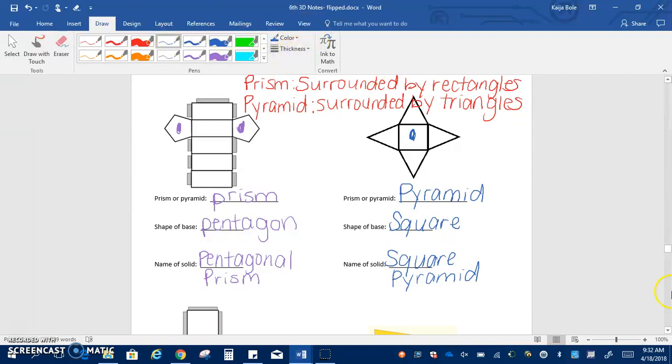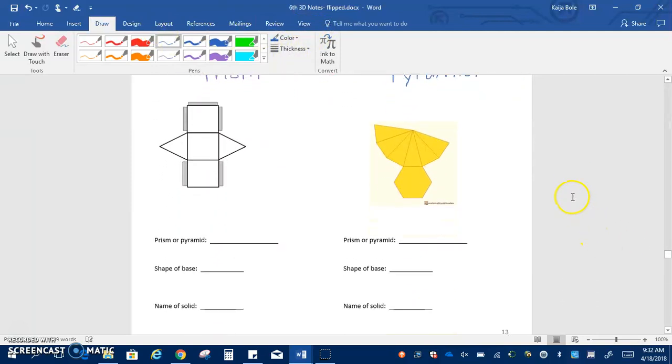Okay. And then we're going to do these last 2 down here. So is this surrounded by, we're asking rectangles or triangles. This is surrounded by rectangles. So this would be a prism. Our bases are these 2 over here on the sides. So these are triangles. So the name of the solid would then be a triangular prism.